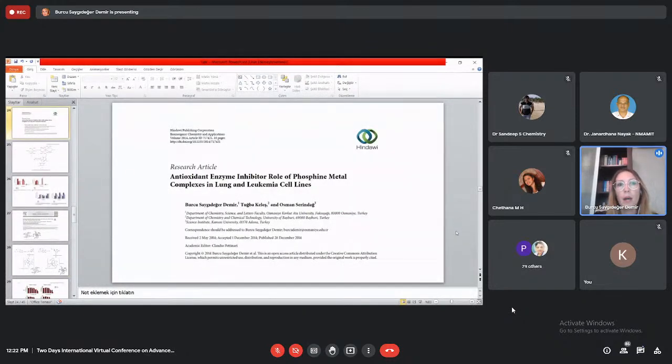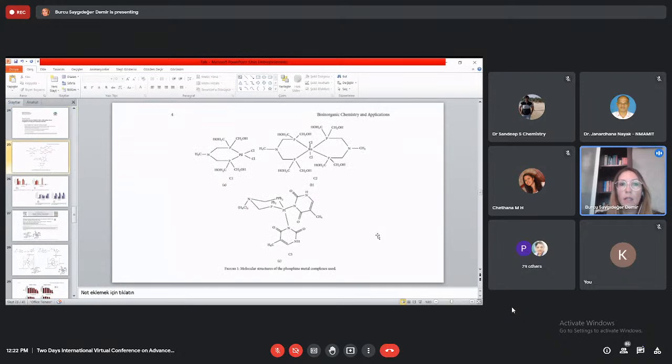Now, I will briefly tell you about all the studies we have done in our laboratories. This is my PhD thesis work. We synthesized water-soluble metal complexes, and we examined their anti-cancer activity in lung and leukemia cells.